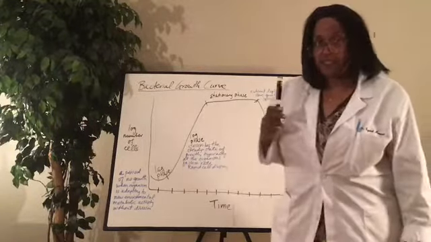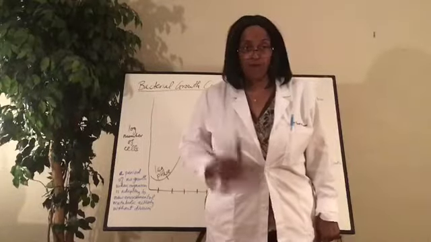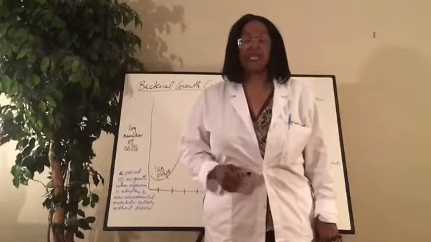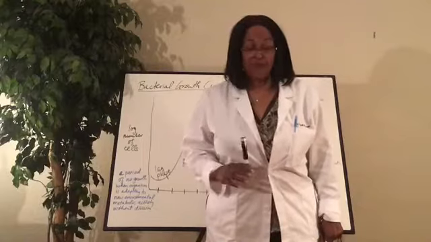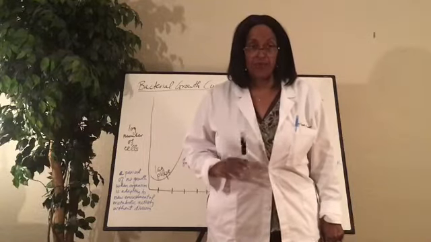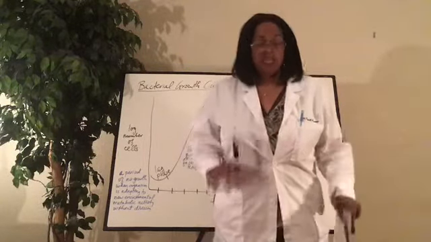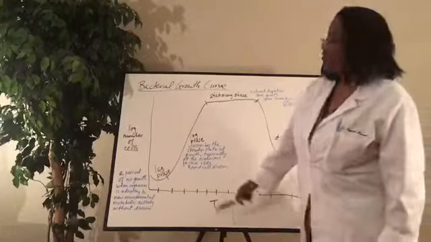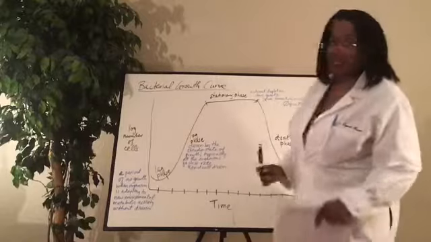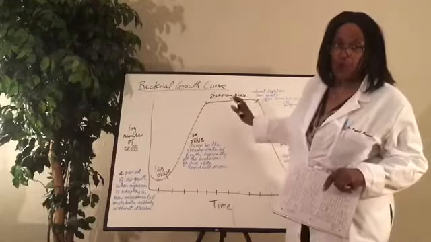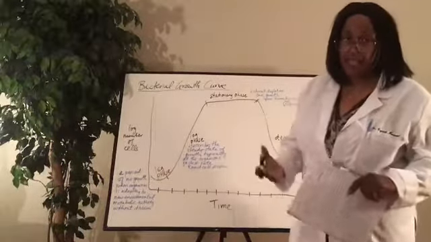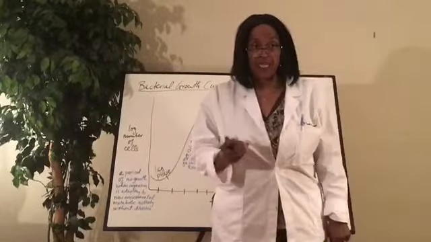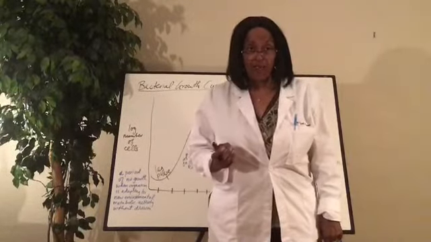The point is that you need to complete the full prescription of antibiotics in order to fully eliminate and kill the bacteria. I wanted to share that because I wanted you to see a typical bacterial growth curve, and I wanted you to understand the importance of completing the prescription of antibiotics.